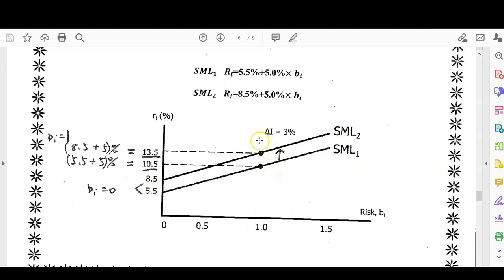And with beta is 1 for the market portfolio, RM moves up from 10.5% to 13.5%. So RI goes up by 3% when our IP goes up by 3%, because our risk-free rate goes up by 3%.